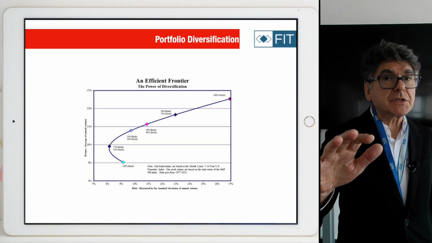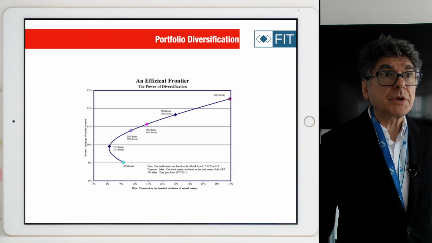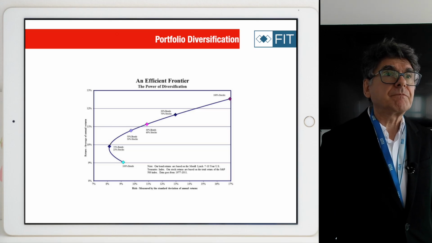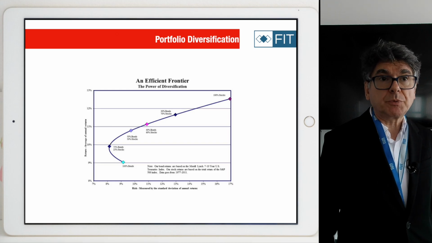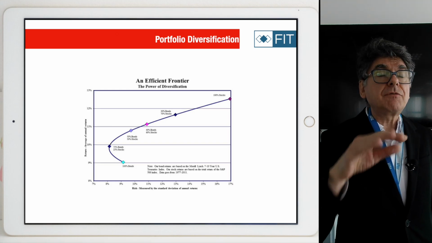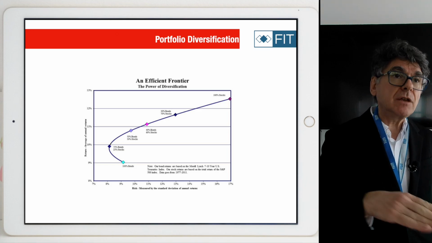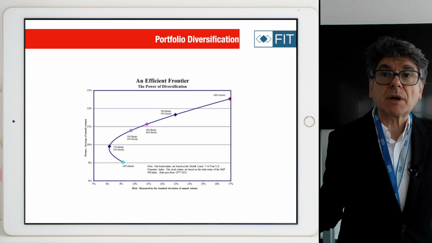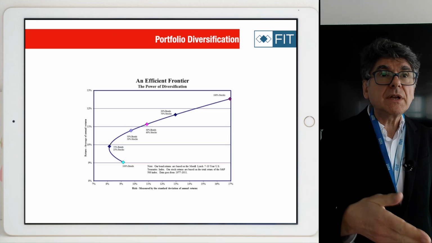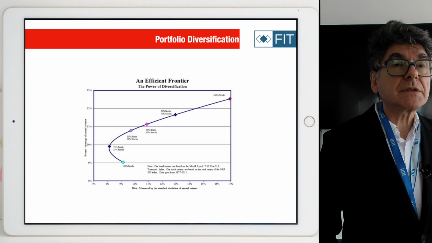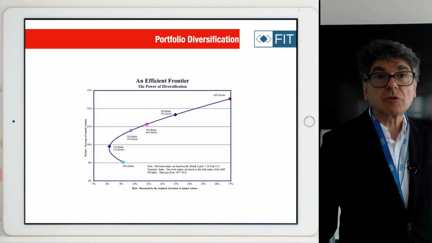But something interesting happens: according to this figure, there is a point where the risk is least possible. If you continue bringing the riskless asset into the portfolio, the risk actually goes up. So the portfolio is efficient only up until that point.